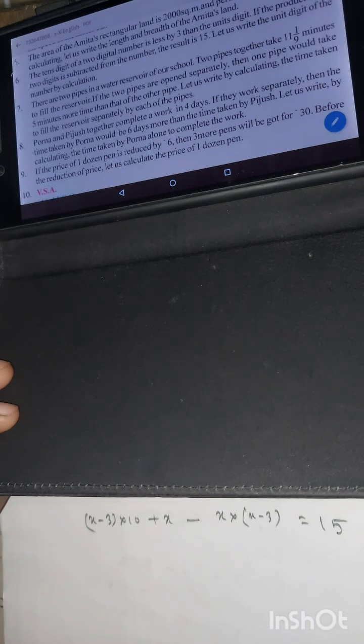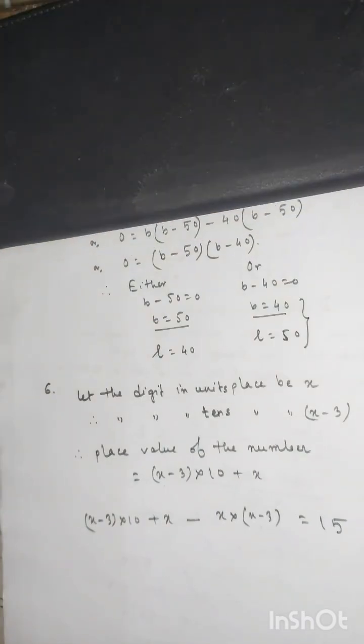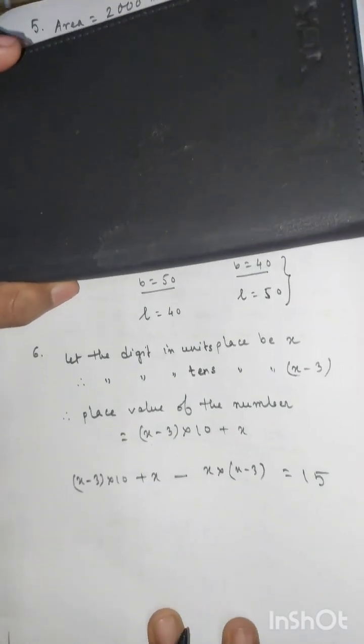Okay, so this is our equation according to our question.